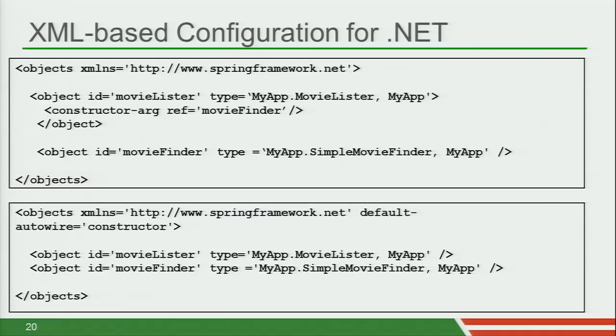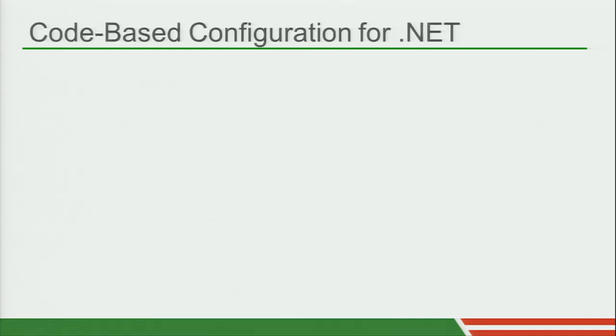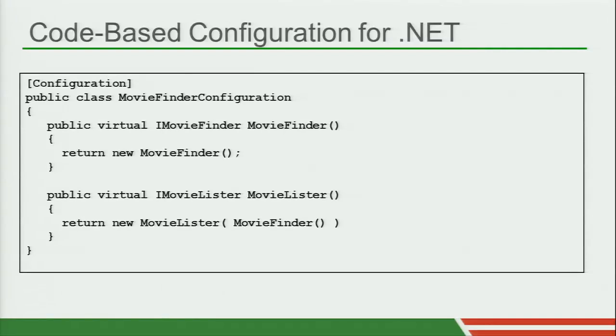And here we see the parameter at the top saying default auto-wire constructor, so obviously that capability is there too, right? So again, as I mentioned earlier, we have pretty good support for property and constructor auto-wiring in Spring.NET as well. The alternative, as I mentioned before, is the code-based configuration that exists right now in the separate project.